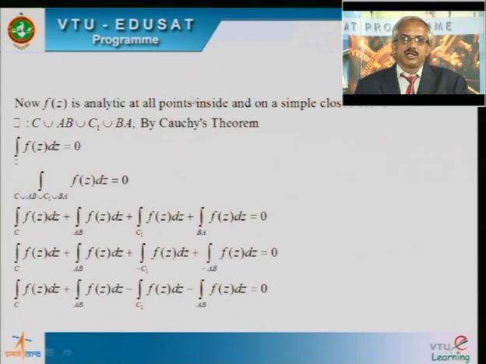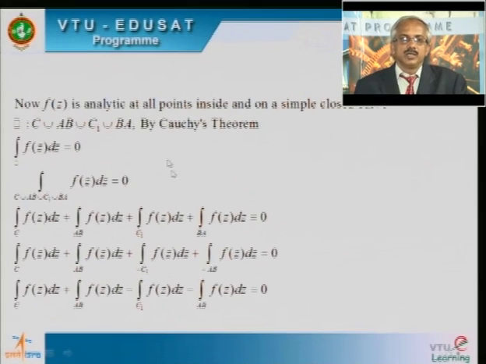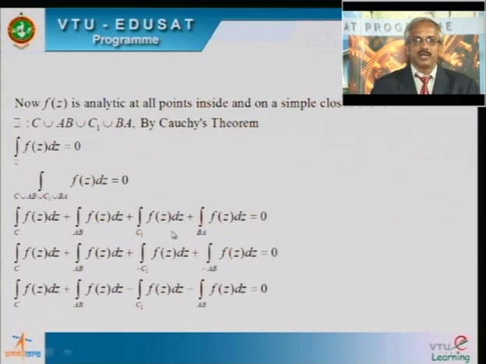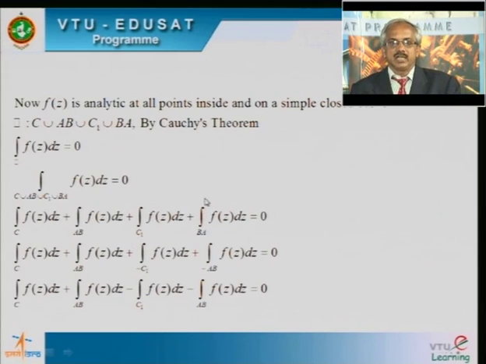By Cauchy's theorem, the integral over this entire union curve of f of z dz is equal to 0. By the definition of the integral, this union can be written as the integral along the curve C of f of z dz, plus the integral along AB of f of z dz, plus the integral along C1 of f of z dz, plus the integral along BA of f of z dz.